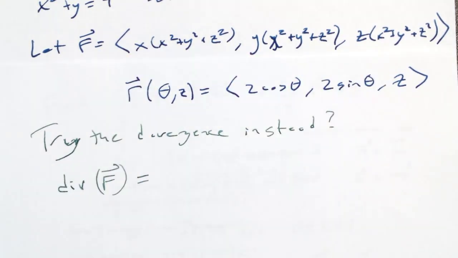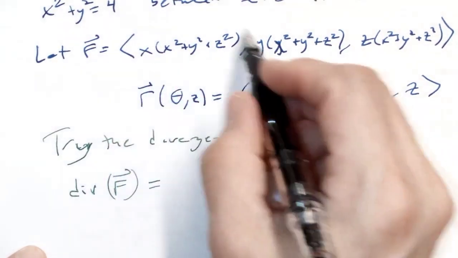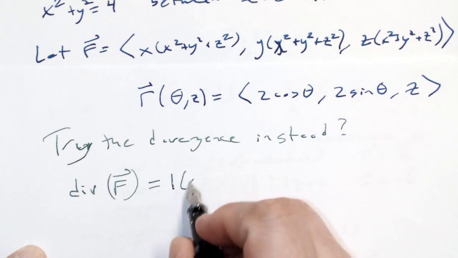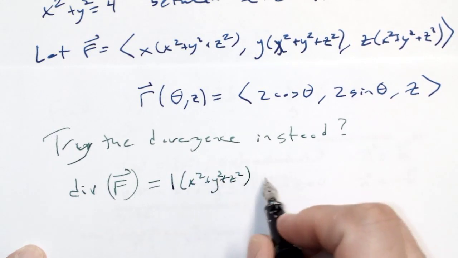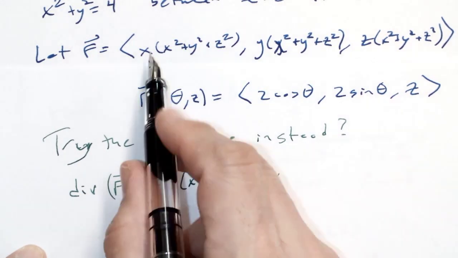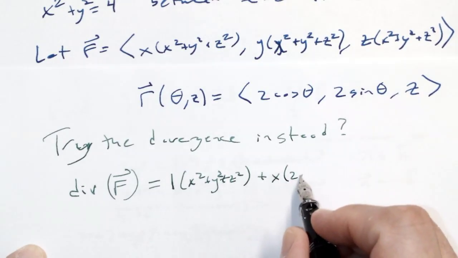So when I actually do this, P with respect to x, I get 1 times x squared plus y squared plus z squared, plus, leave the x alone, do the derivative of this part with respect to x, that's just 2x.